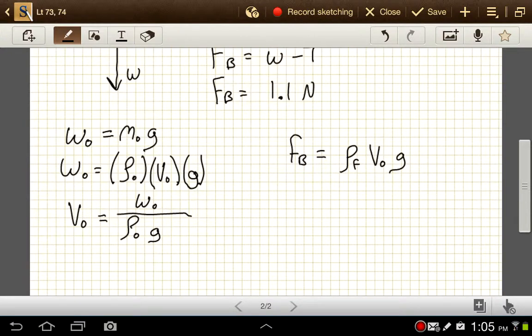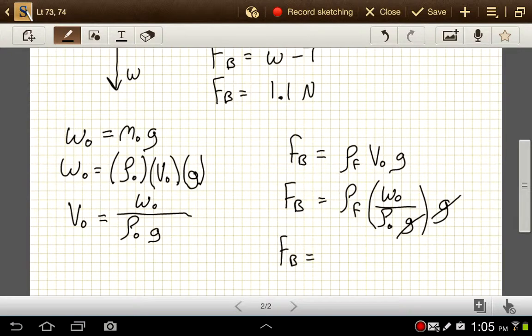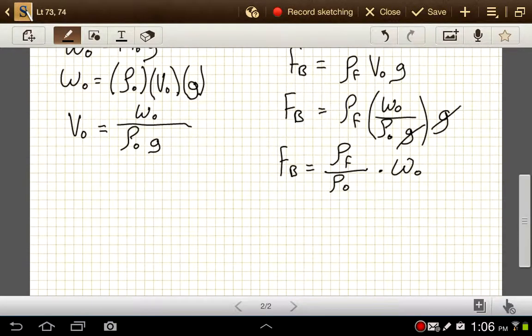So the force of buoyancy is equal to the density of the fluid times the weight of the object over the density of the object times g in the denominator, and then times g up top. So we see our g's will cancel, and we get a buoyancy force that's equal to the density of the fluid divided by the density of the object times the weight of the object. And we know all of those variables.